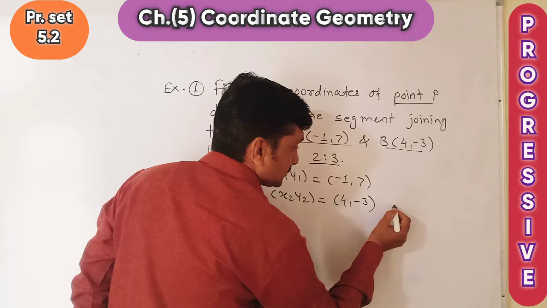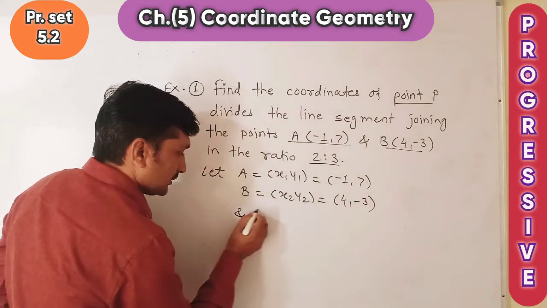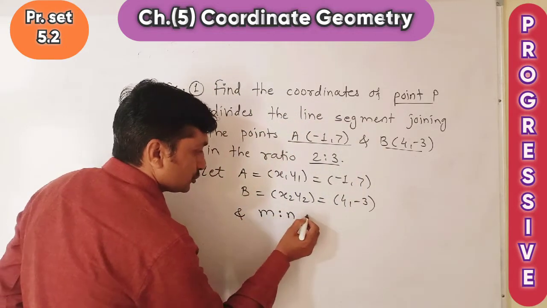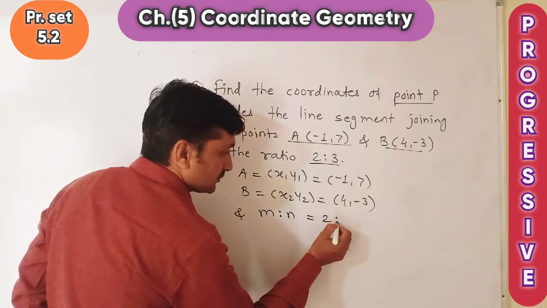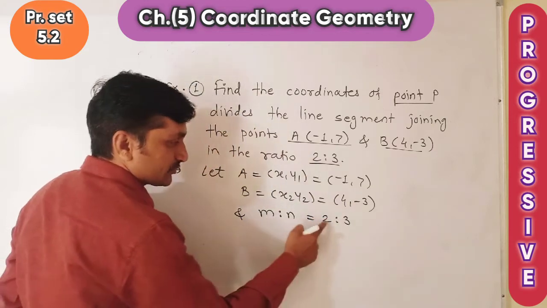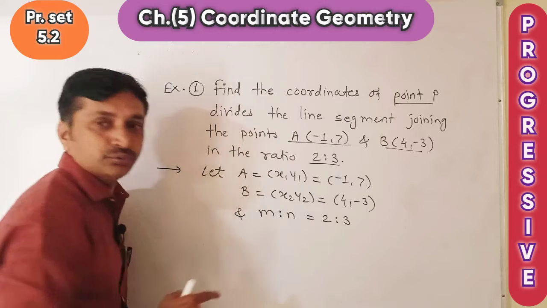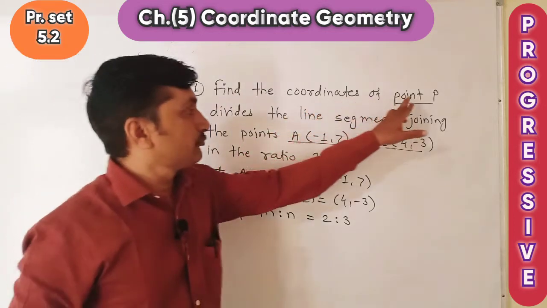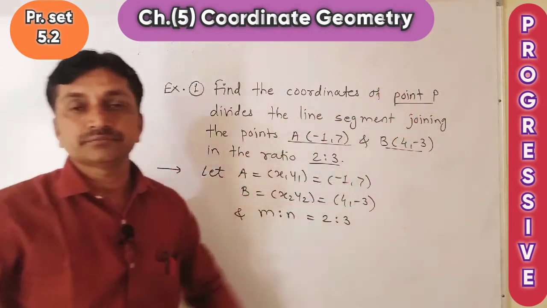The ratio is also given, m is to n is 2:3. It means m is equal to 2, n is equal to 3.